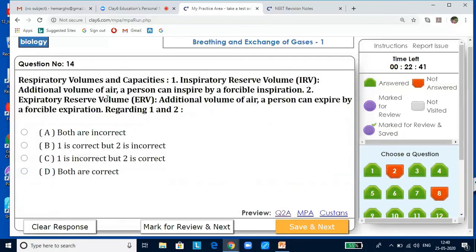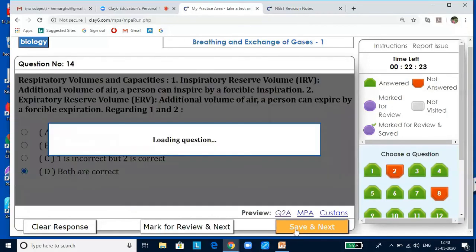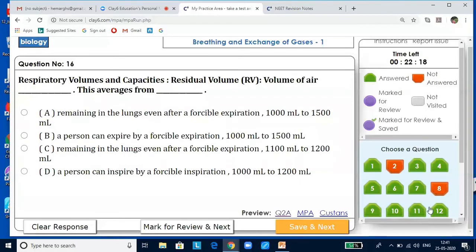Inspiratory reserve volume, additional volume of air a person can inspire by forcible inspiration. Expiratory reserve volume, additional volume of air a person can expire by forcible expiration. Now, regarding 1 and 2, both are correct.